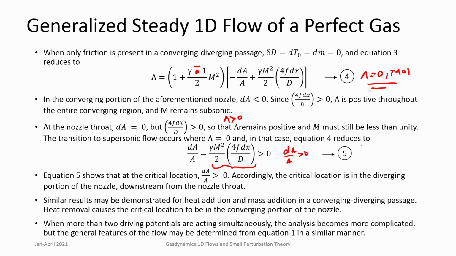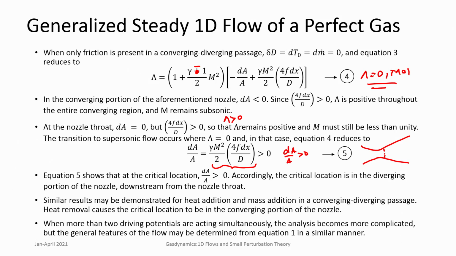That means when you consider both area and friction, choking will happen in the divergent passage slightly downstream of the throat. This is a result that comes out of considering multiple parameters.